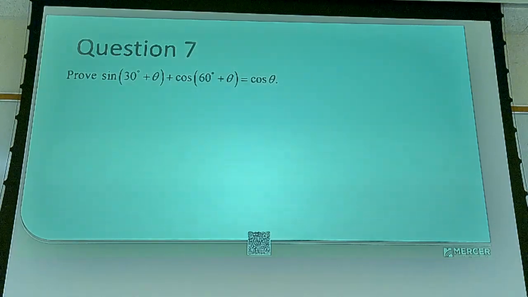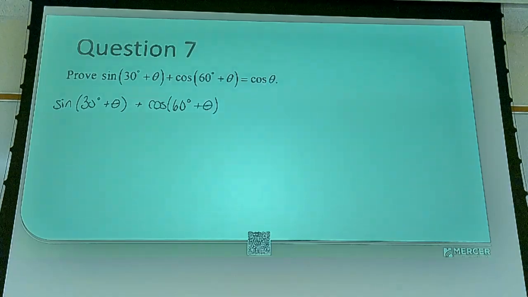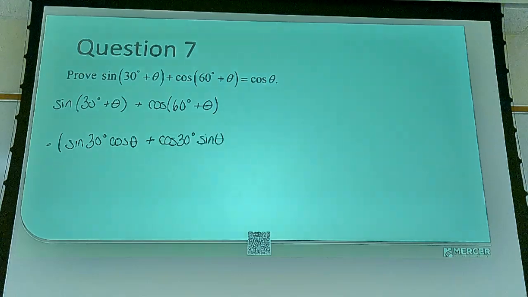Another proof. The sum identity on sine: again, remember sine mixes your two and keeps the operation.